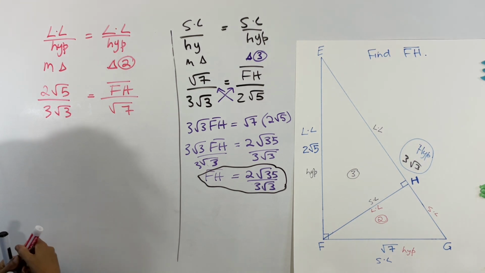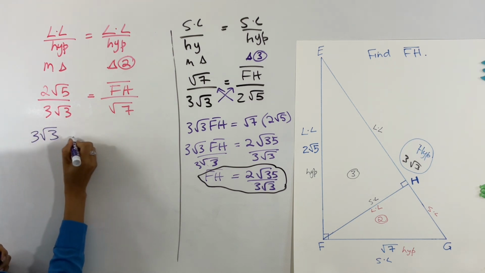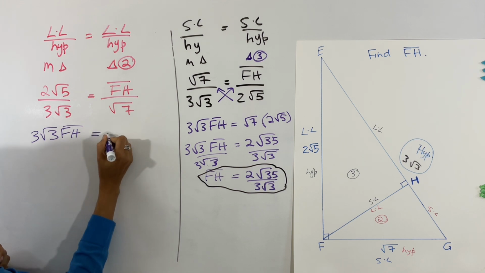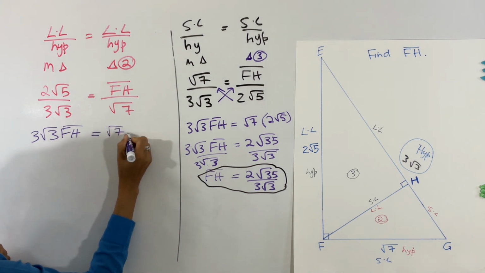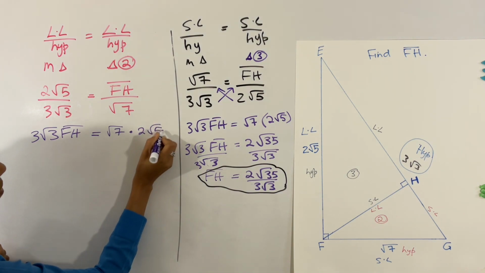And because we cross multiply, we will end up now with 3 radical 3 FH equal to radical 7 times 2 radical 5.